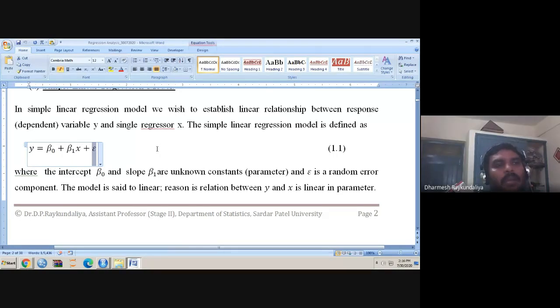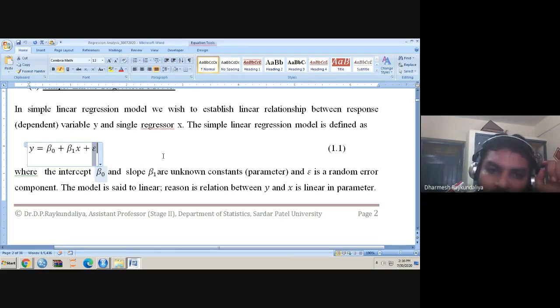Then their entire effect we write as epsilon, and we try to minimize the effect of epsilon so that we can have the best impact of X on Y. That means X is, in our case, advertisement expenditure. So we try to study the best impact of advertisement expenditure on Y. That can be studied based on the relation between Y and X. But there are several variables affecting the sales of a car which we could not consider in our model, so we write them as epsilon.